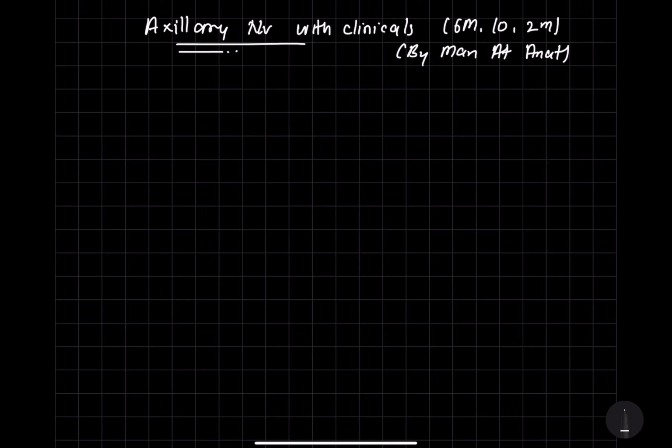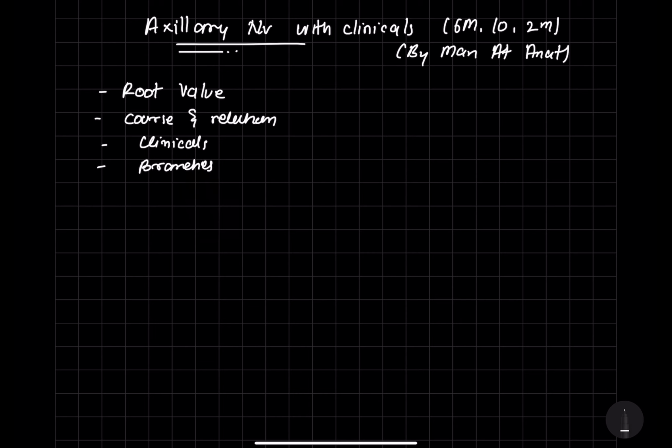Now, particularly in the nerves portion, what do they ask you? They may ask you about the root value for 2 marks, or they may divide a 10 marker question into portions. They may ask you root value, its course and relation, the clinicals associated with it, the branches it gives off, and the muscles innervated by it.